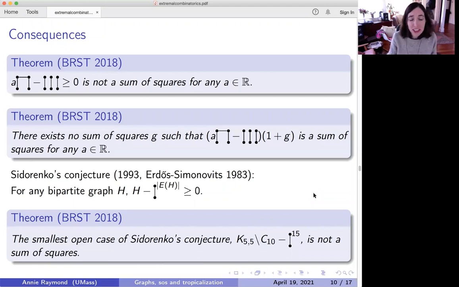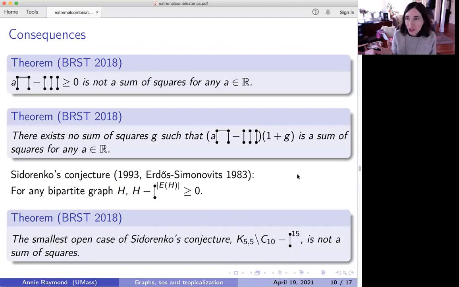With Amanda Redlich, we have been thinking about different results that are known for Sidorenko's conjecture. Many of them involve things that are not trivial squares. And so the hard cases most likely are the cases when graphs H are trivial squares.